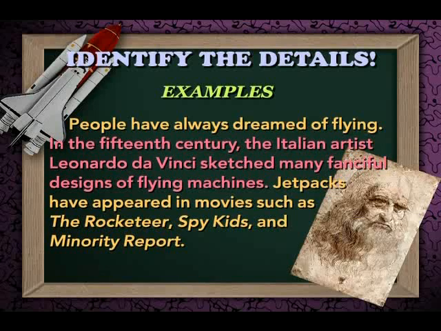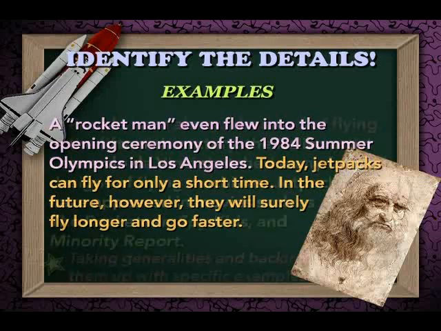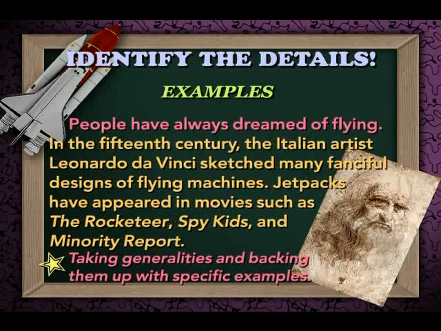In the 15th century, the Italian artist Leonardo da Vinci sketched many fanciful designs of flying machines. Specific example. Movies such as The Rocketeer, Spy Kids, and Minority Report. Specific examples. A rocket man even flew into the opening ceremony of the 1984 Summer Olympics in Los Angeles. Another specific example. So I'm taking my generalities, people have always dreamed of flying, for example, and I'm backing them up with specific examples.